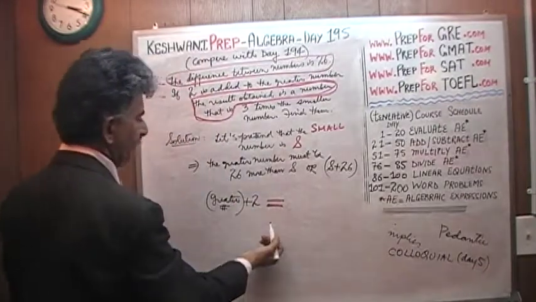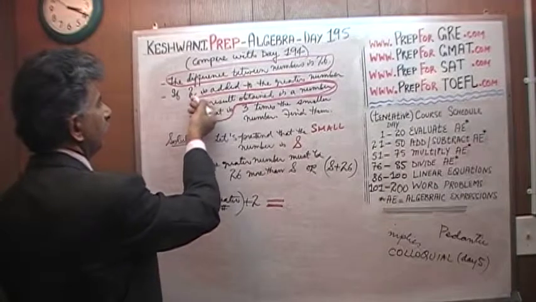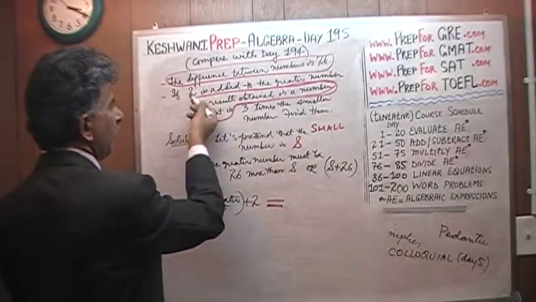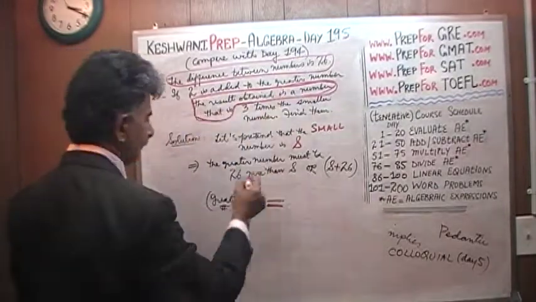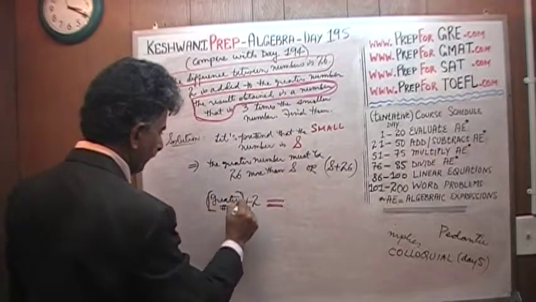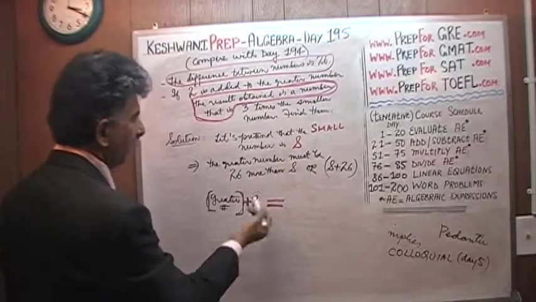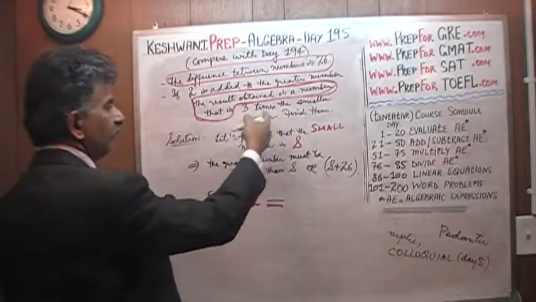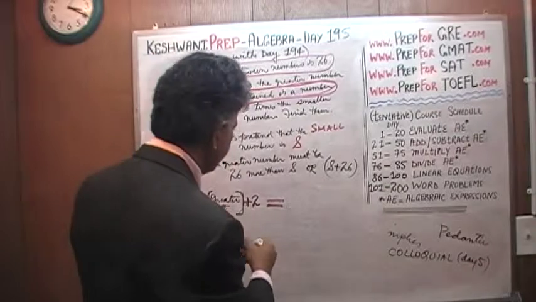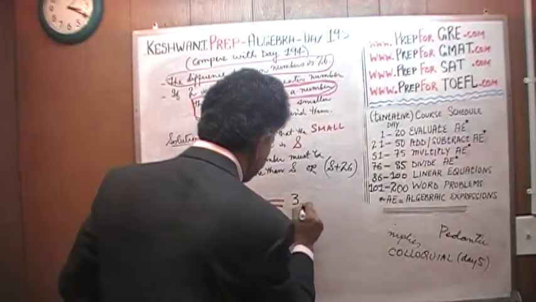So here's your greater number, and if 2 is added to it, what we will have is 3 times the small number.